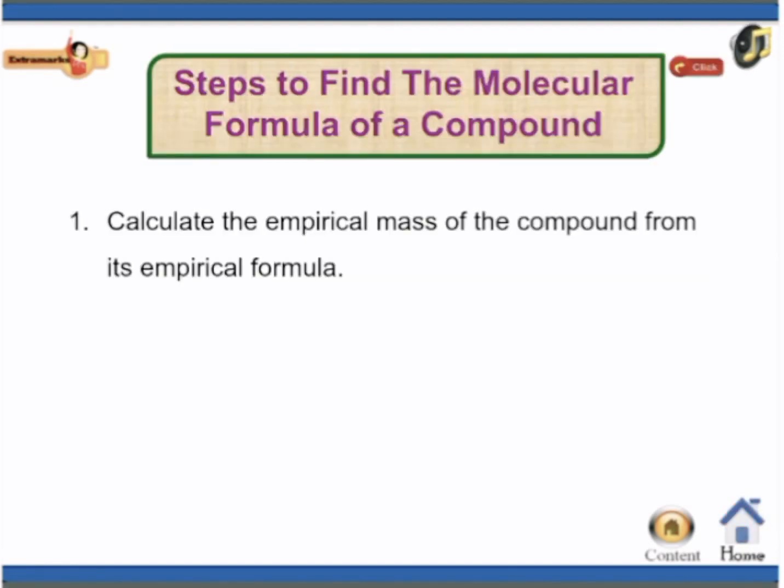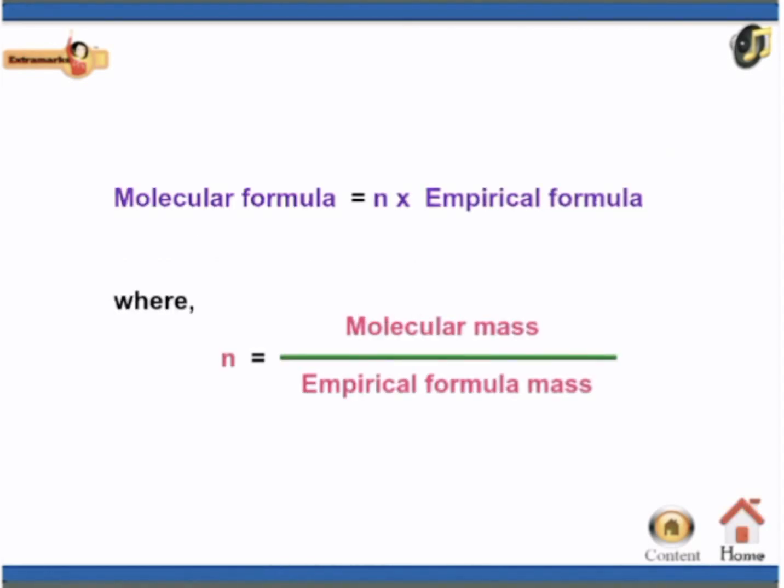Steps to find the molecular formula of a compound are: Step 1. Calculate the empirical mass of the compound from its empirical formula. Thus, the molecular formula is equal to n into empirical formula, where n is equal to the molecular mass by the empirical formula mass.